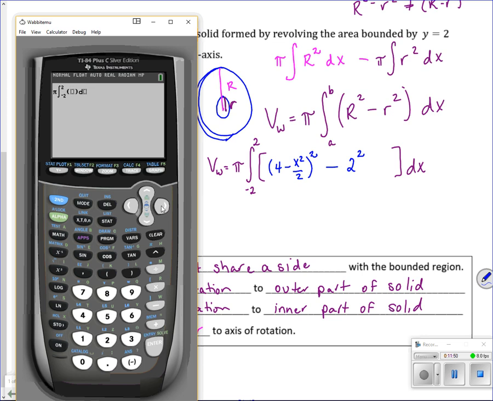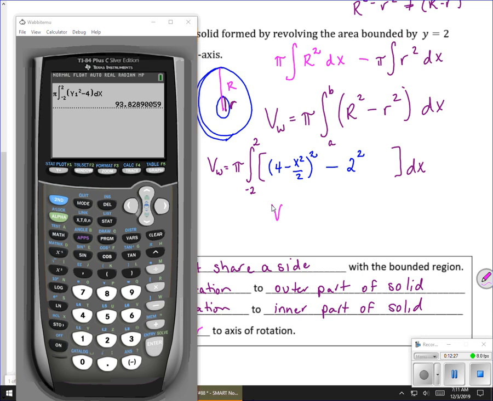Remember, the calculator has a set of parentheses. So that's why I write them so that your paper and your calculator look the same. Do you remember that I have this function right here stored into Y1? So I'm just going to go Y1 squared, so that's big R squared, minus, I'm pretty confident I can do 2 squared in my head and get it right, dx, and I come up with that value right there.